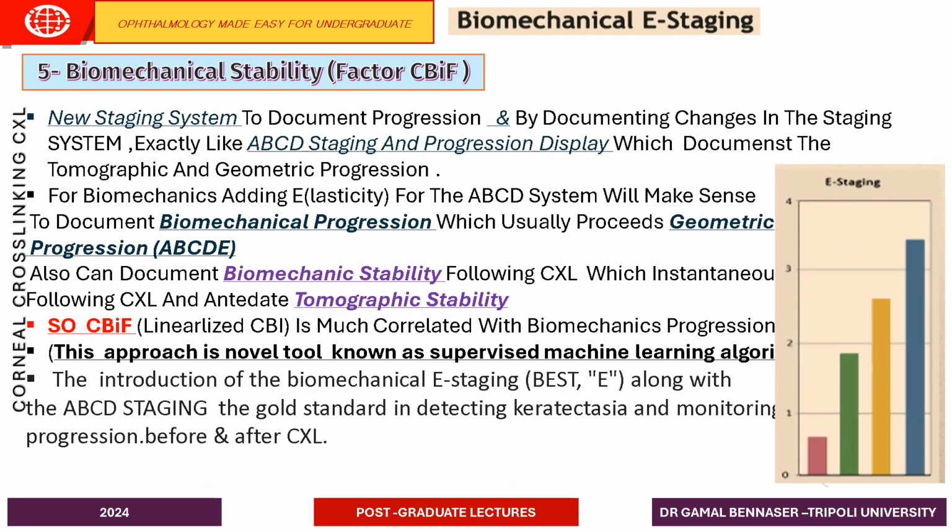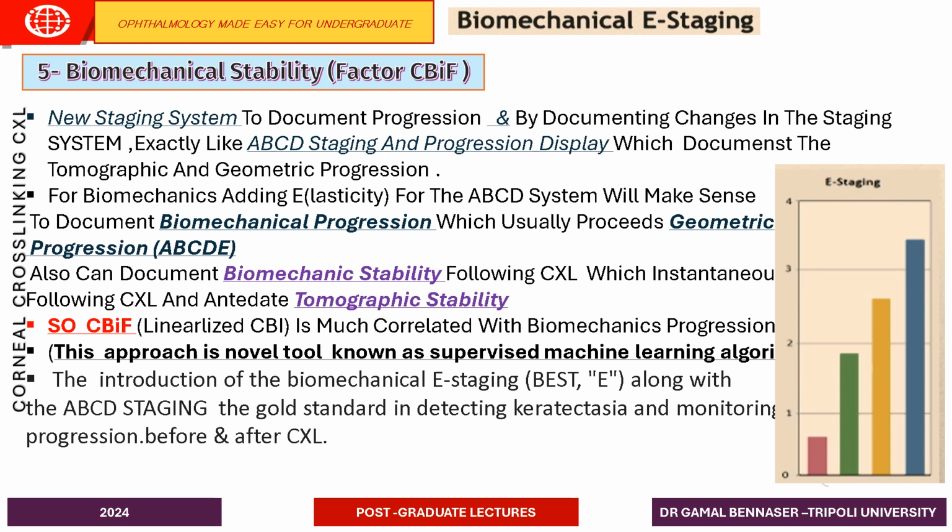Of course, as far as we are speaking about the assessment of the efficacy of the technique of cross-linking, after you did the cross-linking of your patient, you want to assess the efficacy, whether your patient benefited from this procedure or not. So basically, when we speak about the biomechanics, we will speak about the CBI. And the CBI, as you know, is the corneal biomechanical index. Basically, when it was created, it was not reflecting the severity or the progression of the disease.